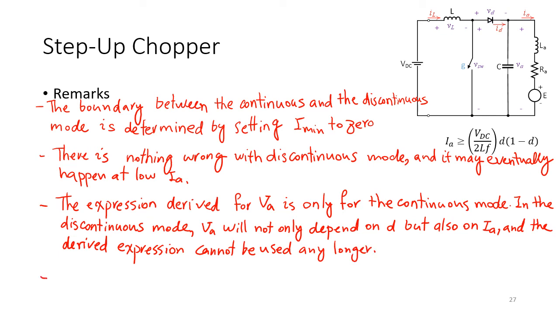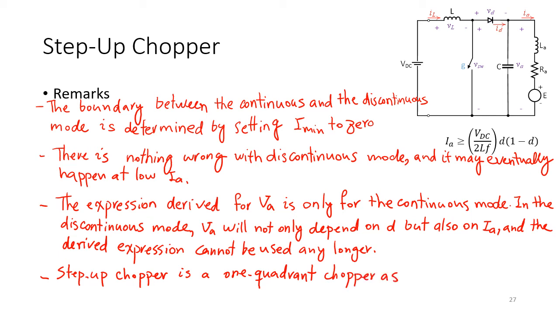And very finally, the step up chopper is a one quadrant chopper, as VA and IA can only be positive.